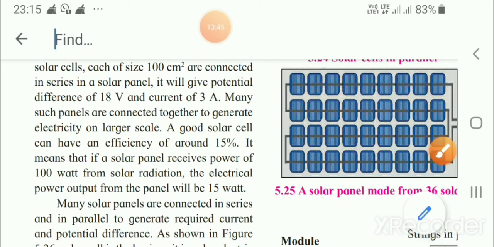Now if 36 solar cells, each of size 100 centimeter square, are connected in series in a solar panel, it will give a potential difference of 18 volt and a current of 3 ampere. Many such panels are connected together to generate electricity on a larger scale.